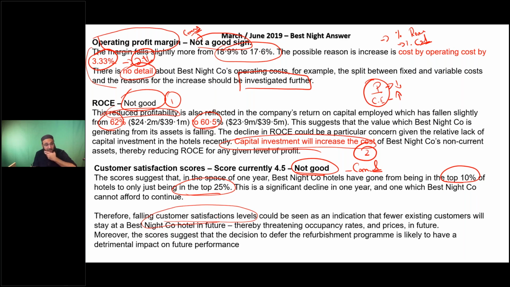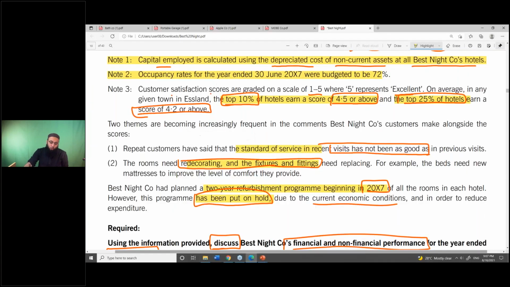and this can affect your future business. That's why I say non-financials give you a future message, which means in future you will struggle in terms of occupancy and rates and prices. And as it says, you have put your refurbishment on hold, which needed to be done.